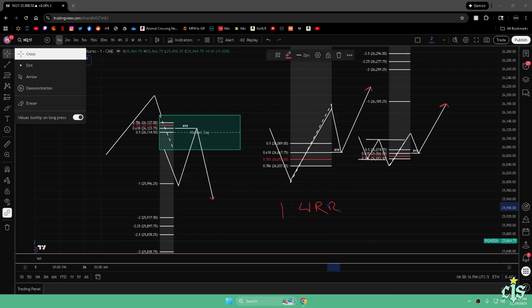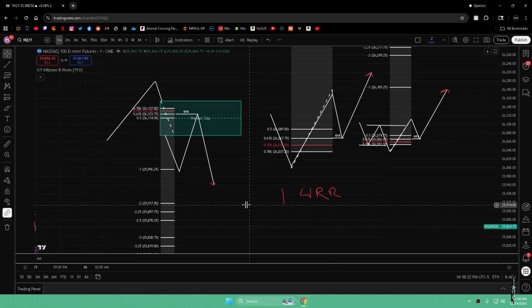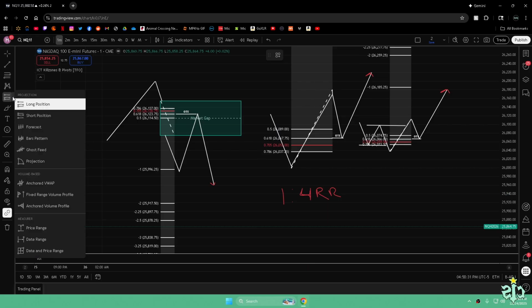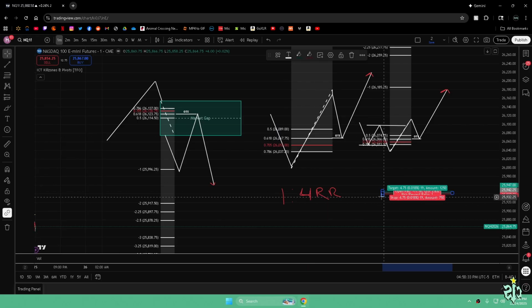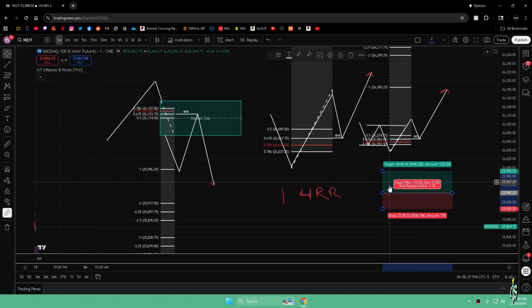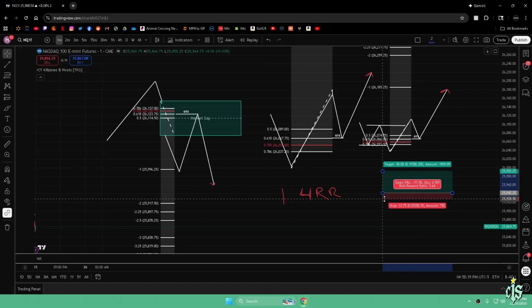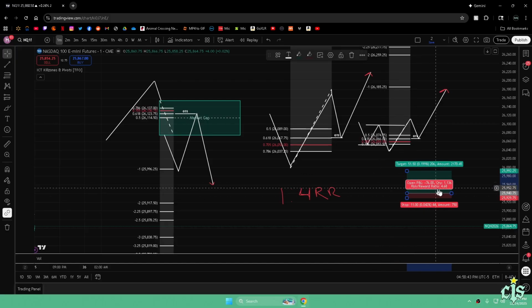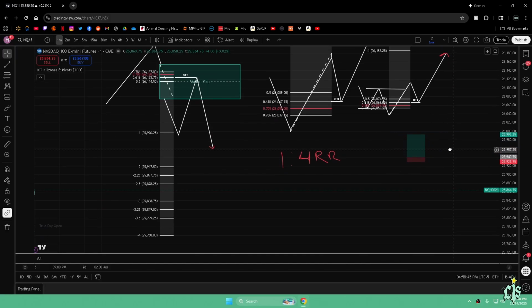Here's the types of fibs we're gonna be drawing, and here's our RR that we're looking for on average. 1 to 4. Always 50 ticks stop loss, and 200 points, or 200 ticks, is what we're looking for.